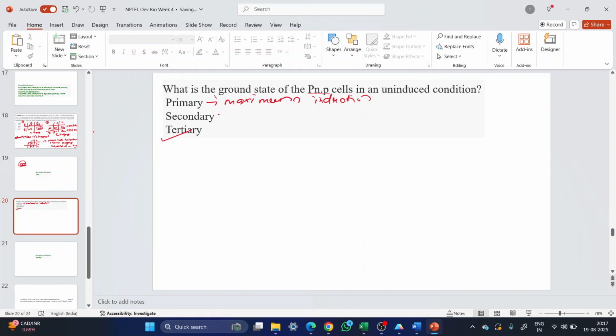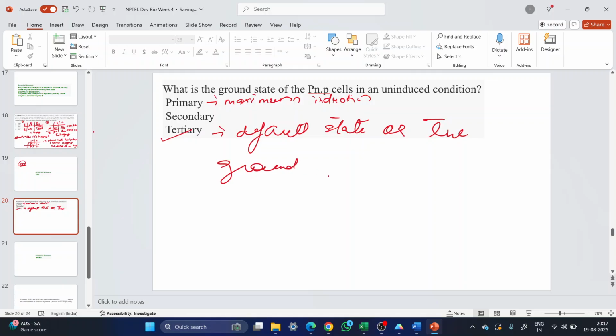This is the default or the ground state. Okay, so I hope this is clear to everybody.